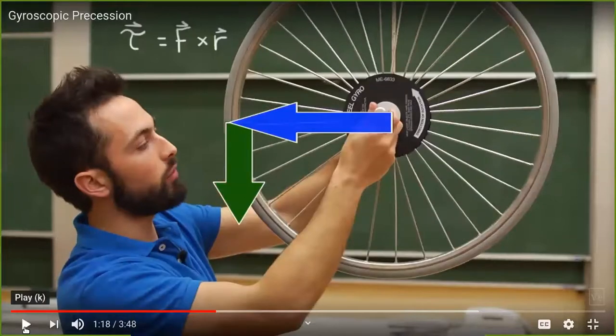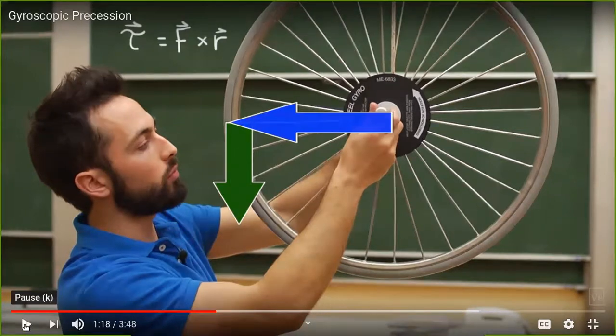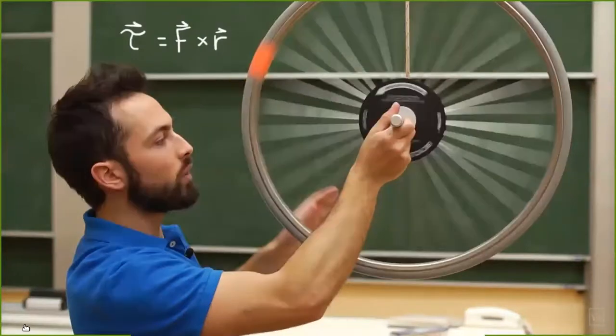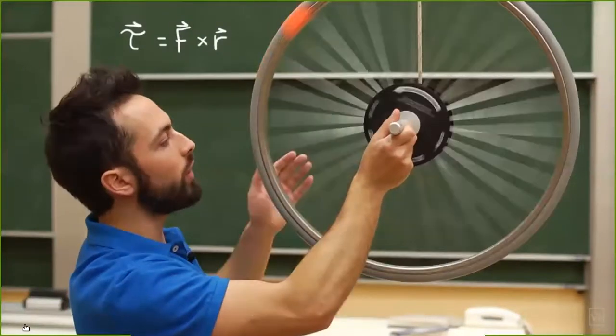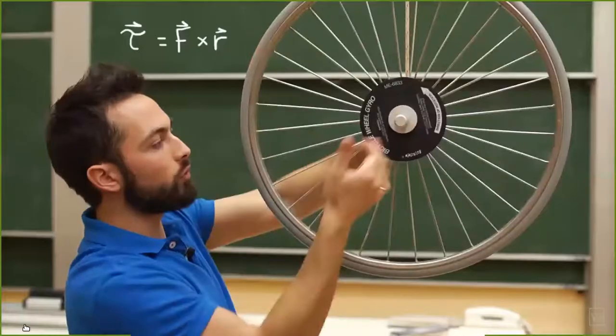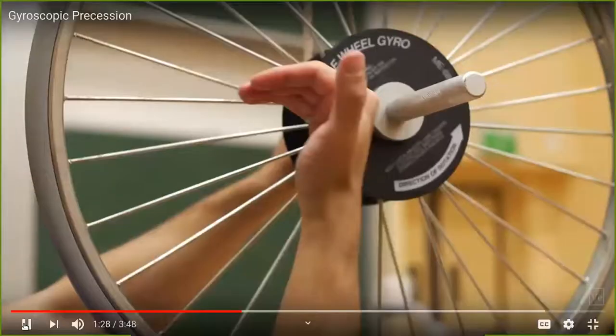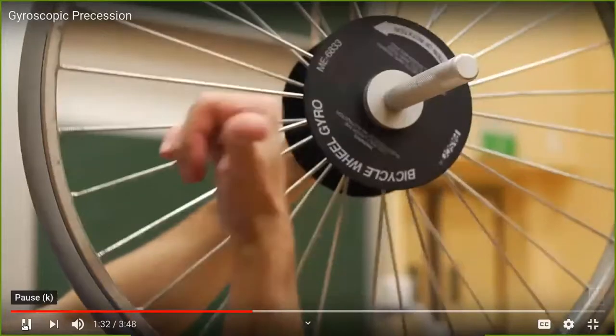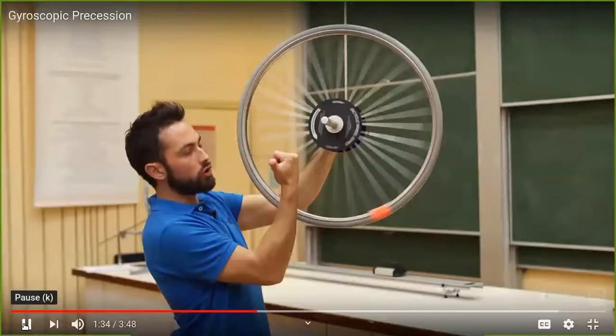This torque is applied in the plane of the screen, that is, in the plane of the wheel. Now what's the direction of that torque? Well, we use a right-hand rule to define this. You put your fingers in the direction of the radius from the turning axis and curl them in the direction of the force, and your thumb points in the direction of the torque.